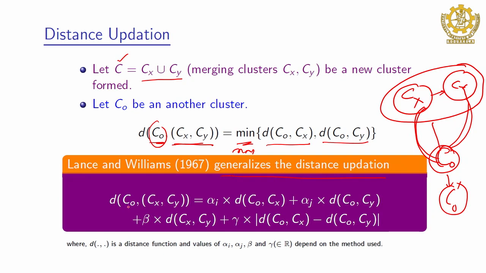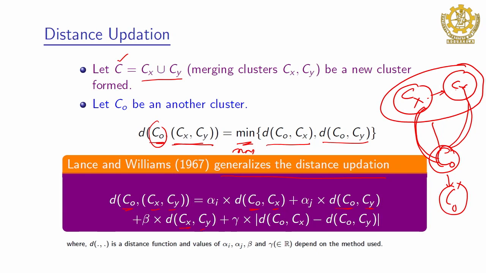What is that? So, if C 0 is the other cluster and C x and C y are the clusters to be merged, then the distance updation will be alpha i into the distance from C 0 to C x, plus alpha j into the distance from C 0 to C y, plus beta into the distance from C x to C y, the distance between the merging clusters, plus gamma into the absolute value of the distance from C 0 C x minus the distance from C 0 C y.